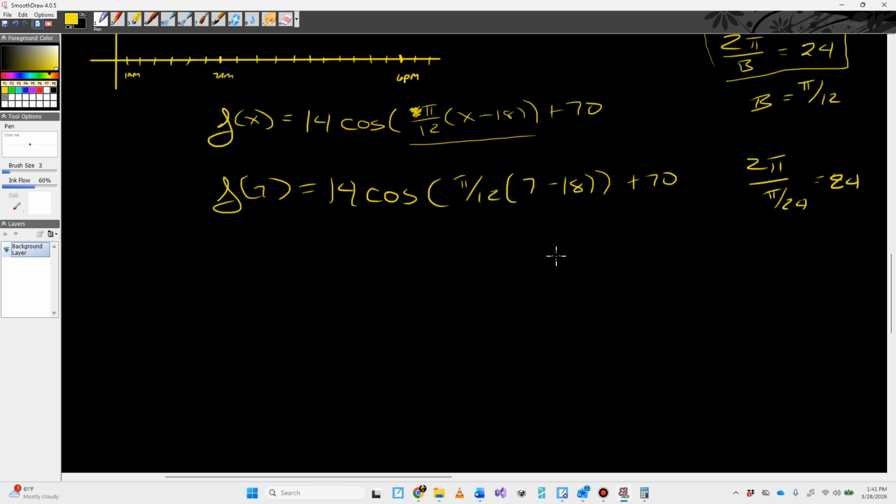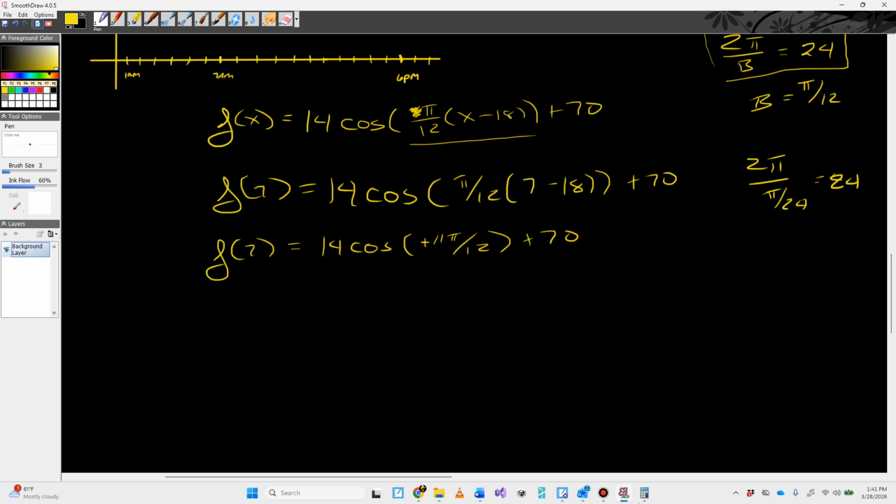If I were to write some more down, f of 7 is equal to 14 times cosine. Let's simplify this. That's negative 11, so this is going to be negative 11 pi over 12 plus 70. Cosine is an even function, so if I apply a negative radian, I'm going to get a positive value. So this can actually be adjusted to a positive value.